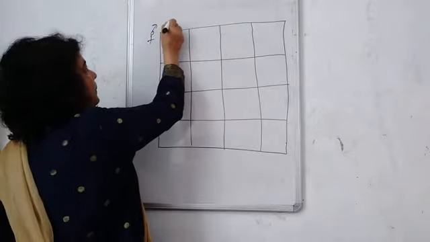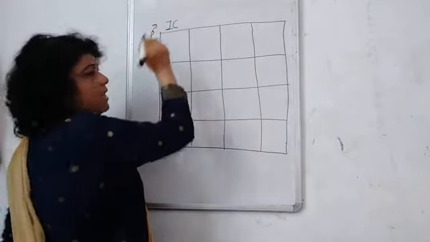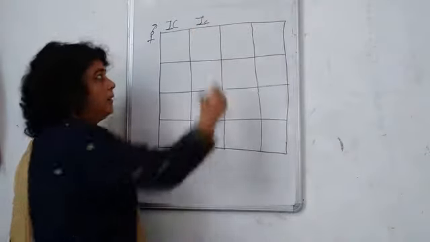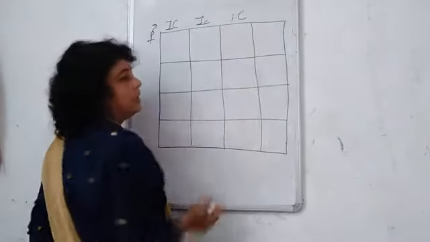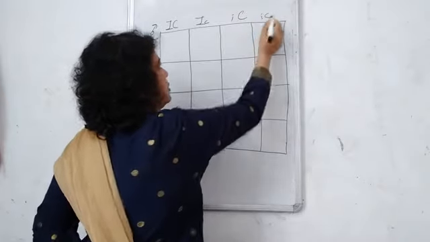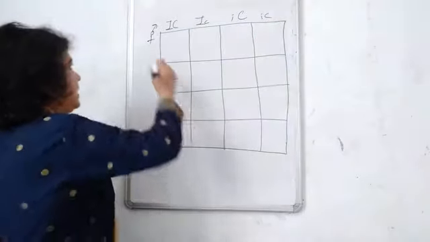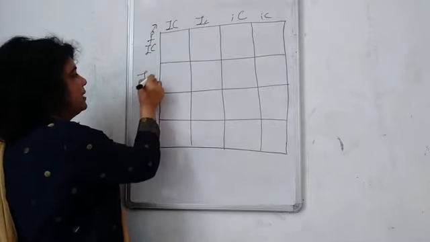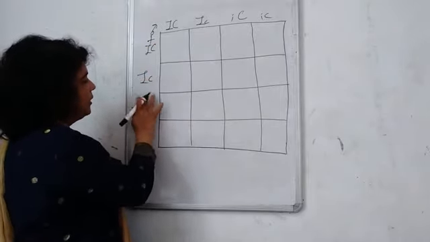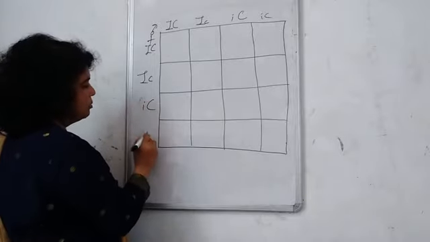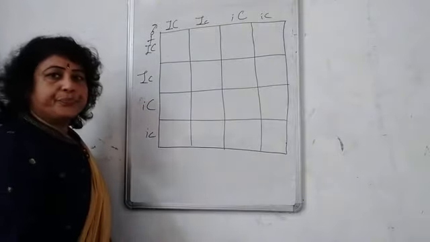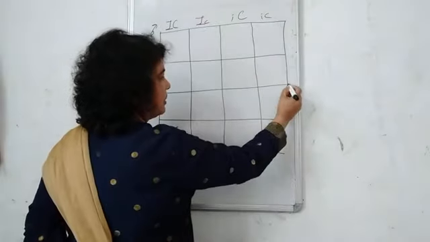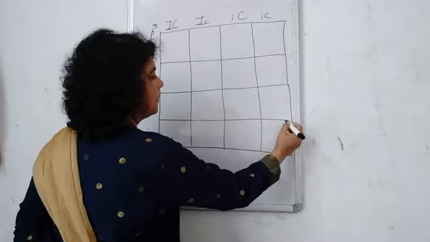Capital I, capital C first, then capital I, small c second, small i, capital C third, small i, small c. Similarly, here also capital I, capital C, capital I, small c, small i, capital C, small i, small c. Now produce the organisms by crossing these gametes.